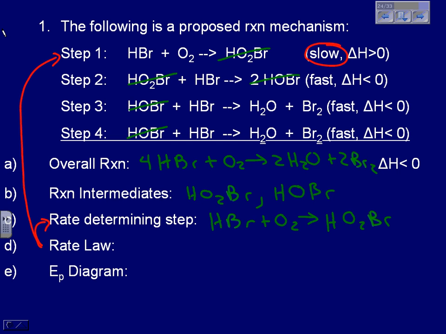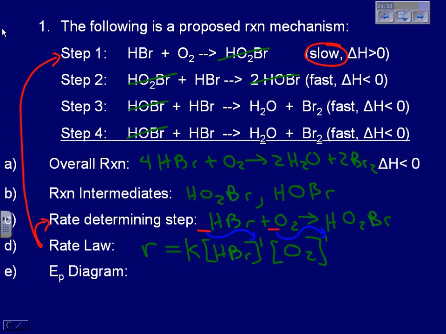It comes from the coefficients of the molecules in the rate determining step. Which means then our rate law is R equals K times the concentration of HBr to the exponent 1 times the concentration of O2 to the exponent 1. Again, those ones end up in our rate law from the mechanism.